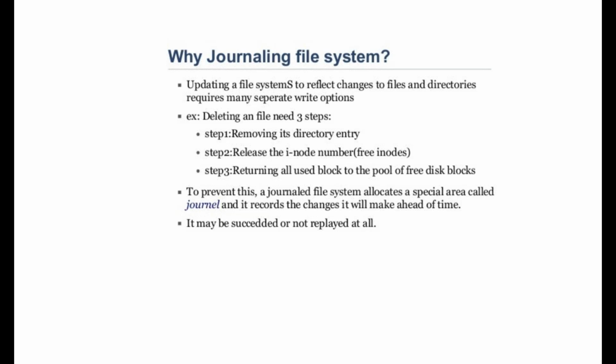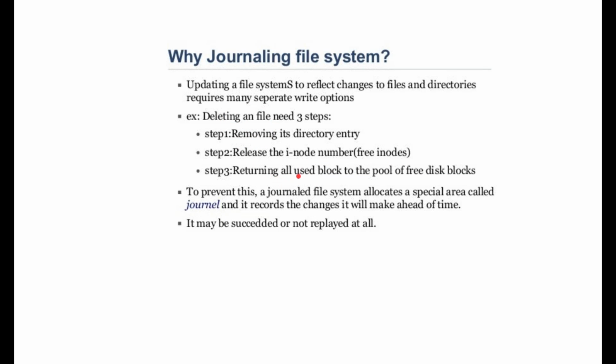Fine. So the reason for using journaling: updating your file system to reflect the changes to file entries requires many separate write operations. Deleting a file means removing the directory entry, releasing the inode number, and returning all the used blocks to the pool of free blocks. So these are a few things.